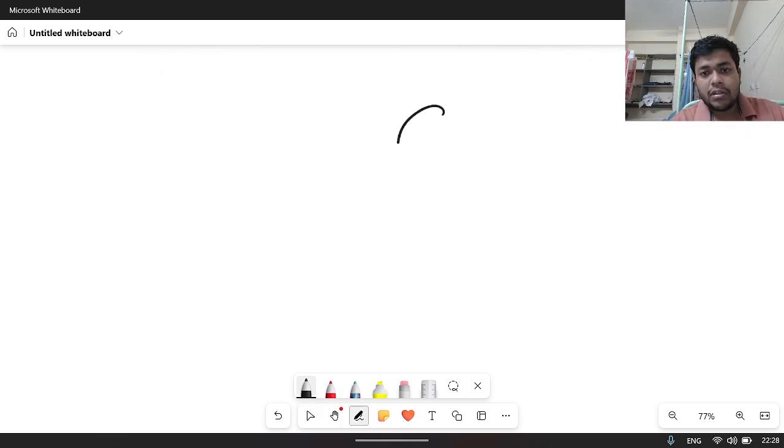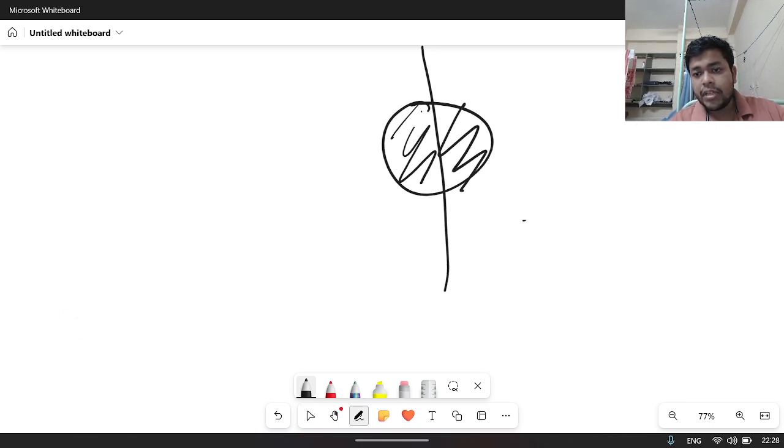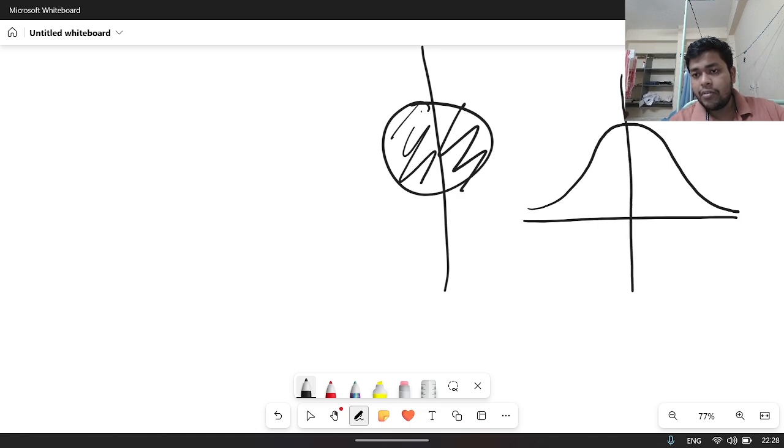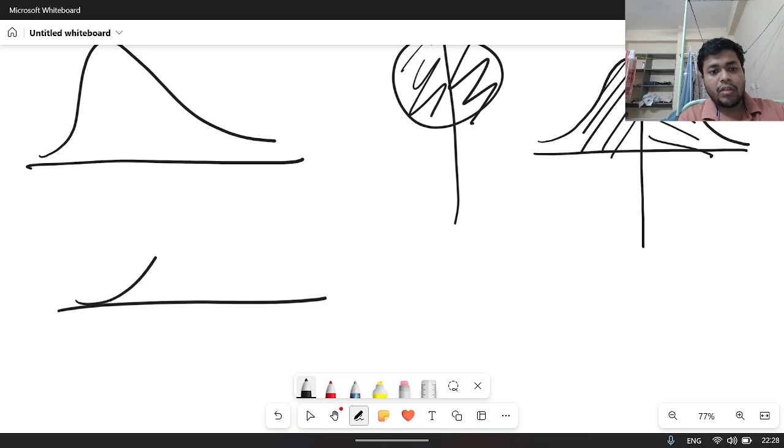If I draw a circle and divide it into both parts, this is the same and this is also the same. In that way, when the normal distribution curve was there, we divided from the middle, so this part is the same and this part is also the same. But in our skewness case, one was like this and one was like this.